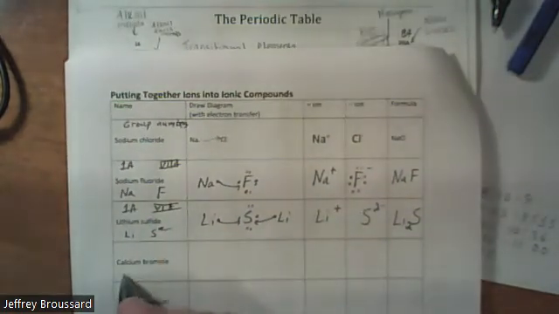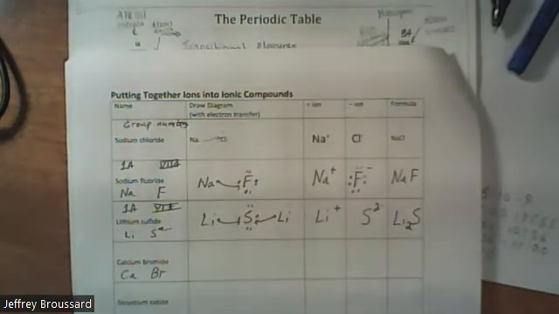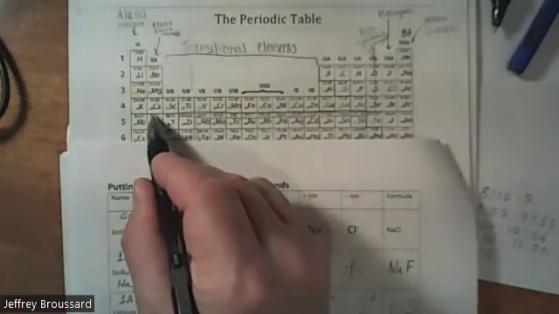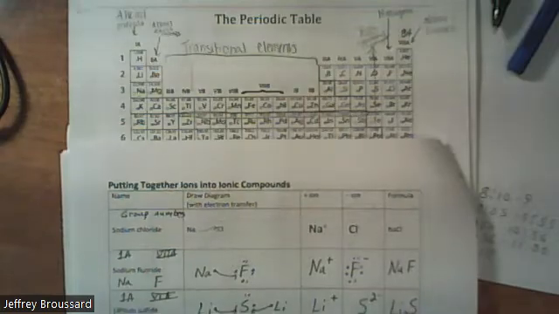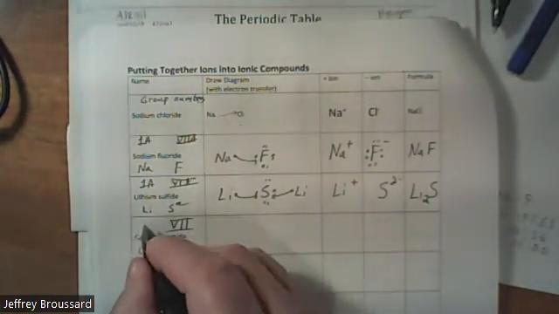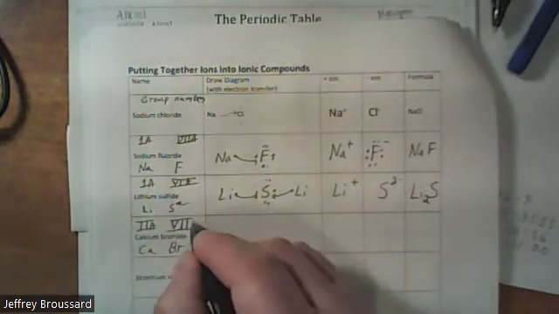Looking for calcium, which is Ca, and bromide, which is Br. Ca is right here, and Br is right here. Br is in group 7. So I'm going to go ahead and write that. It's in group 7. And calcium is in group 2. 2A, I should say, and 7A.